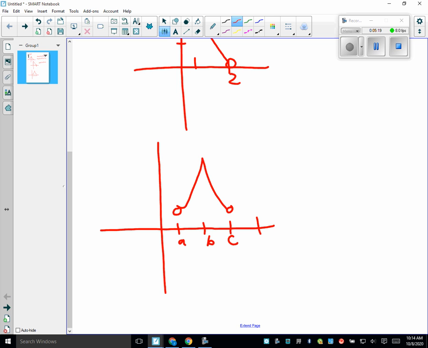Yes. And it said identify the x value. So a maximum at B. Agreed? Now, the second thing is, does the extreme value theorem apply? No, because the extreme value theorem says it's a closed interval. Is it closed? No.